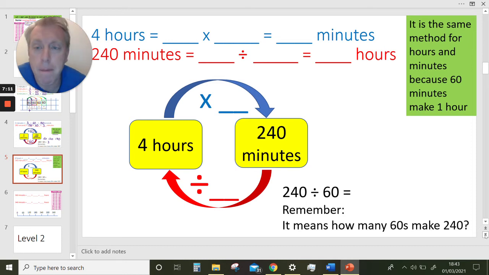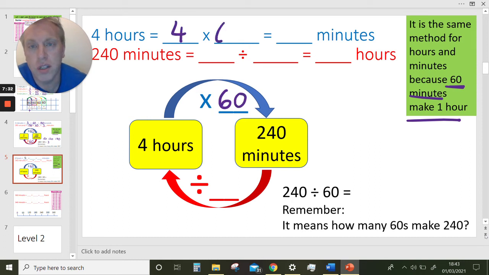Well, remember, this is now hours and minutes, but it is the same method because 60 minutes make 1 hour. So 4 hours, 4 times 60 minutes is 240 minutes. 4 groups of 60 minutes makes 240 minutes.